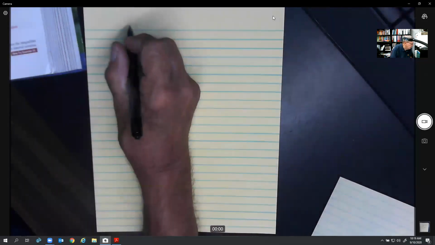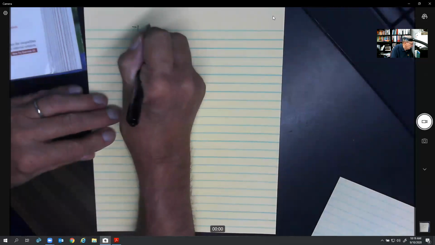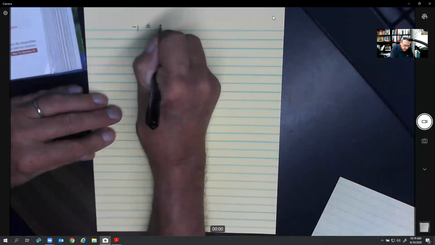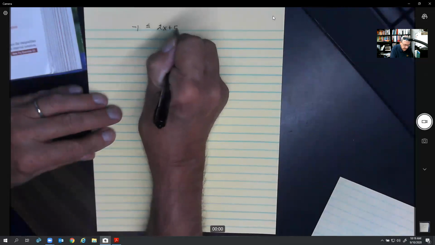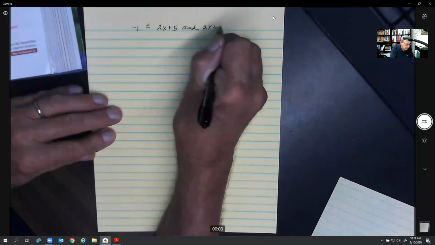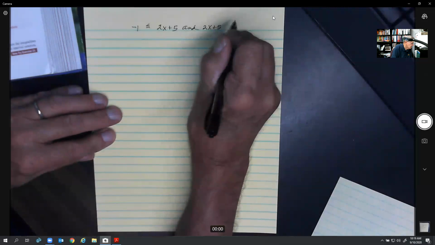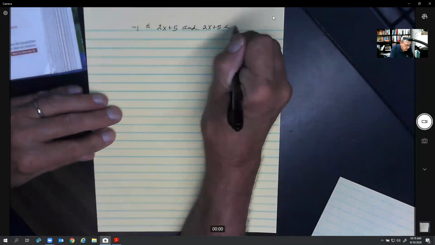Let's try this one. Negative 1 is less than or equal to 2x plus 5, and 2x plus 5 is less than 13.